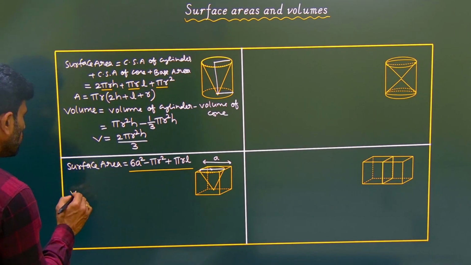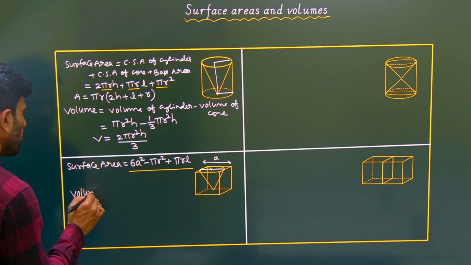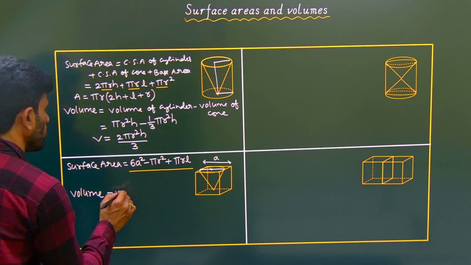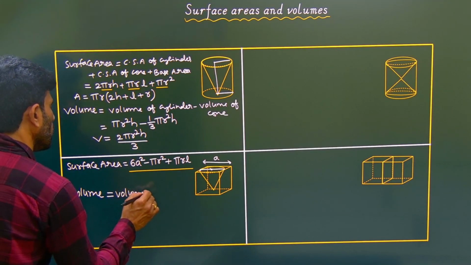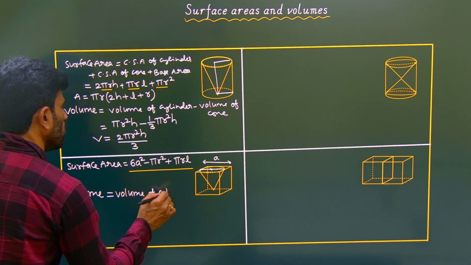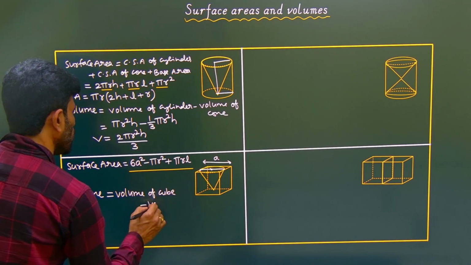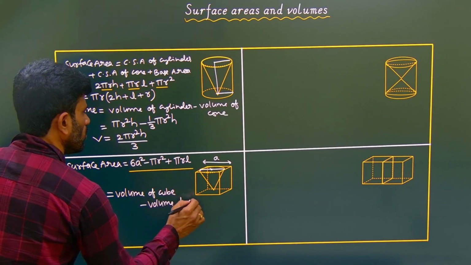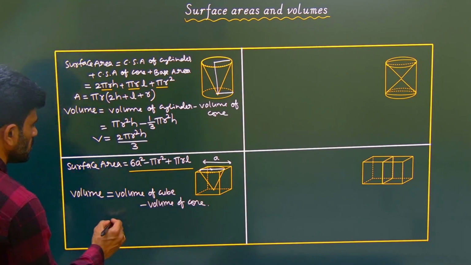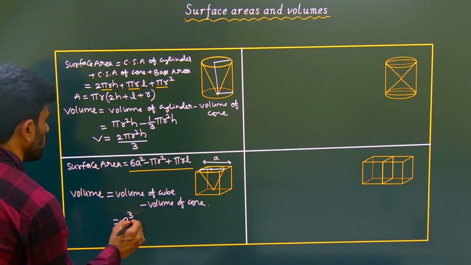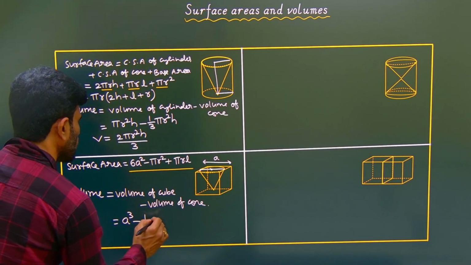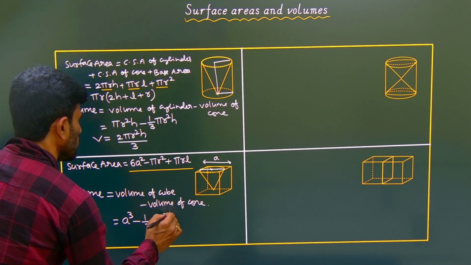Now volume, what to do? Volume of this solid will be equal to volume of cube minus volume of cone, that is a cube minus 1 by 3 pi r square h.